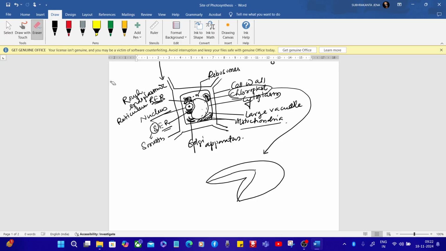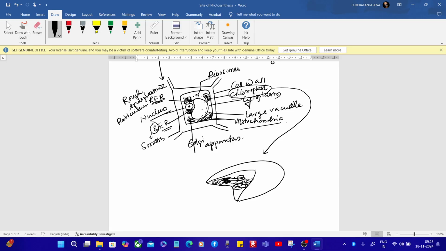Let me draw it properly. I'm just taking a section, part of this one. So here the disc-like structures will be arranged like this. Here also, and these are connected with each other.